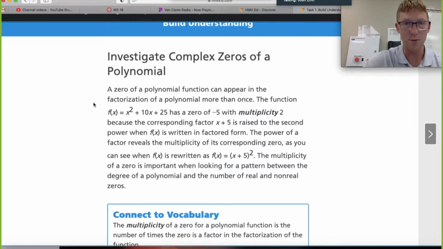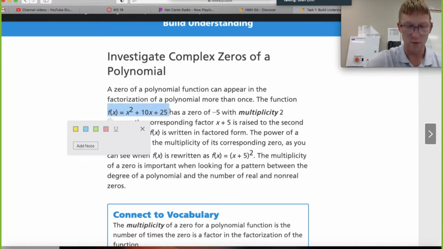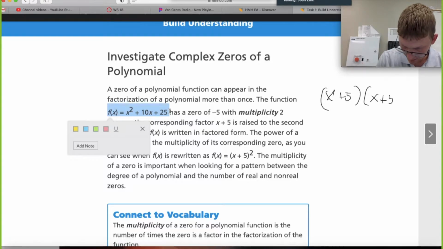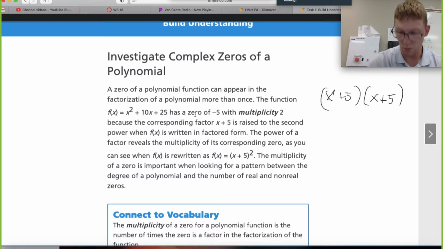In our example right here, we've got f of x equals x squared plus 10x plus 25. If we were to factor that, we would have x plus 5 times x plus 5, or x plus 5 squared.